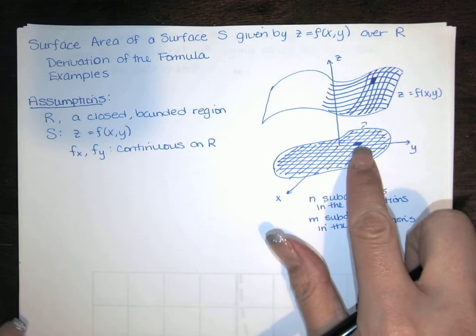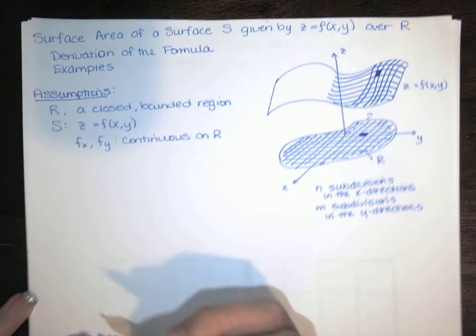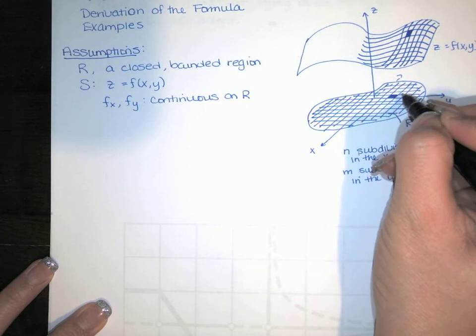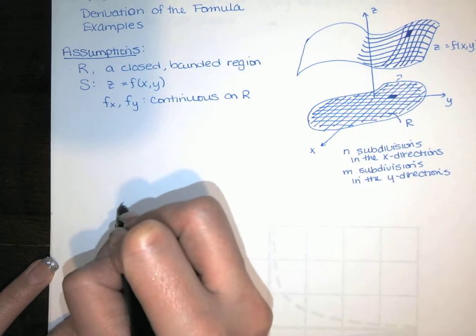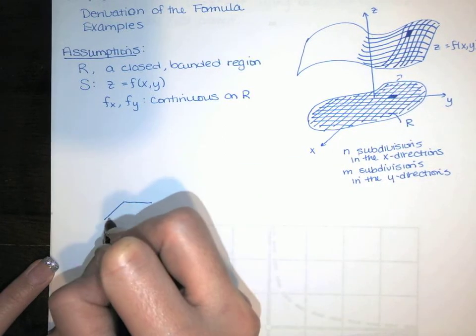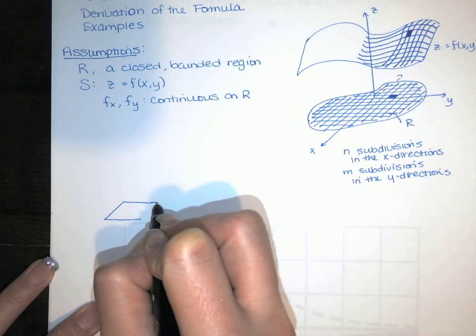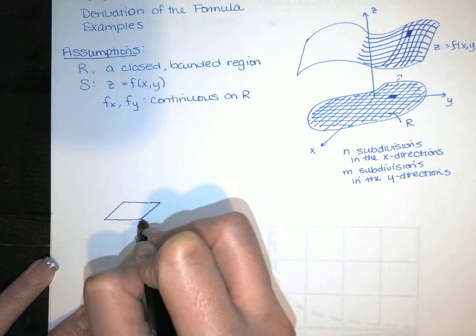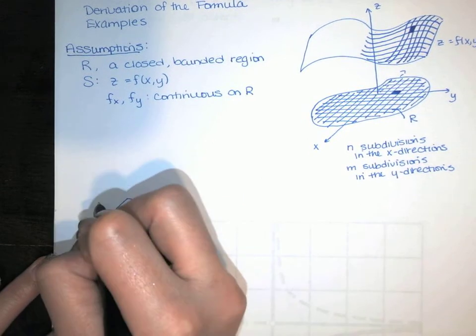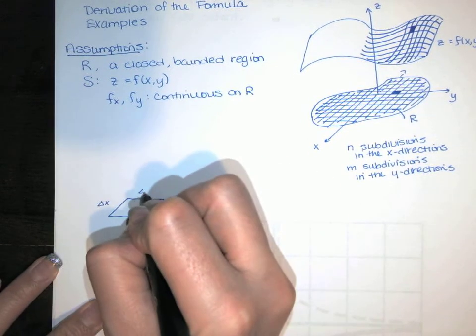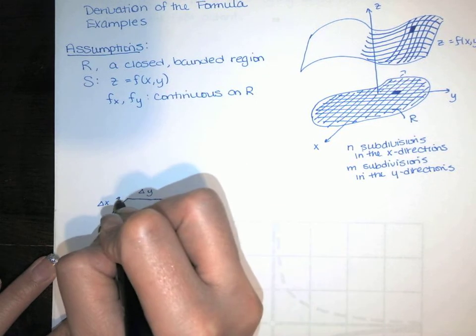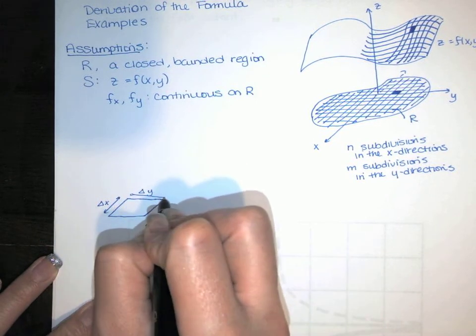So let's say we're above this region R. Let's zoom in a little bit. We're above this little square, and I'm drawing it on an angle so it doesn't look like a square. I guess it's just a rectangle. But this is delta x units, and that's delta y units.